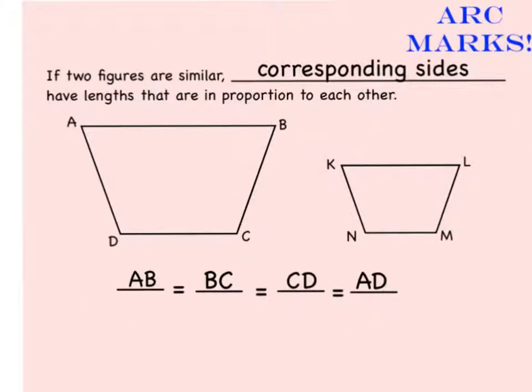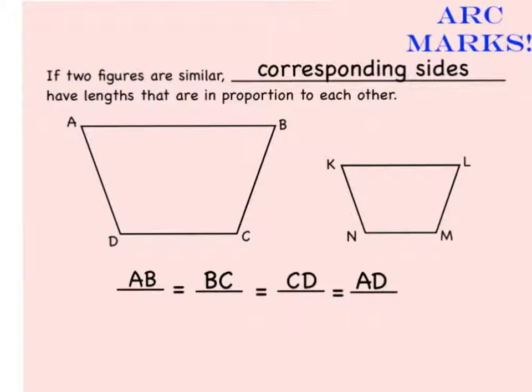Okay, so we've discussed corresponding angles of similar figures, but corresponding sides of similar figures also have a special relationship. If two figures are similar, their corresponding sides have lengths that are in proportion to each other. So underneath our figures, we've got some proportions set up, and we're going to fill in the corresponding sides.